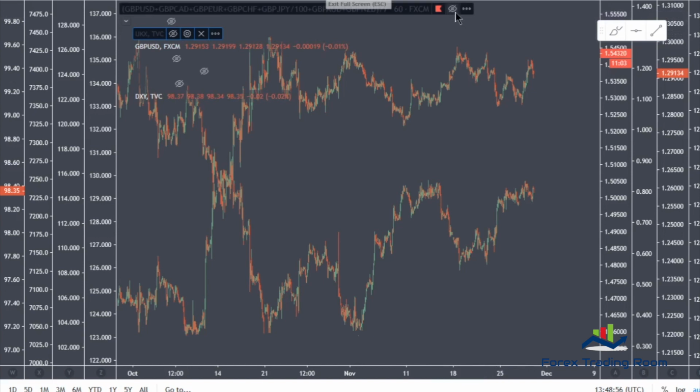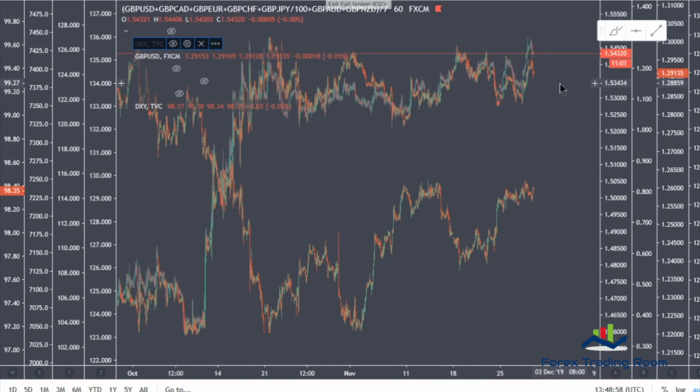If I put that on the chart, I've just put the pound weighted average on, and we can see the pound weighted average was moving up and the pound dollar followed suit. Pound weighted average pulled back, the pound dollar pulled back. So everything correlates nicely with the dollar itself.